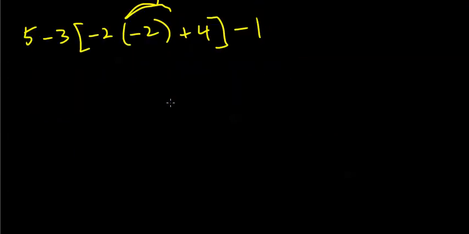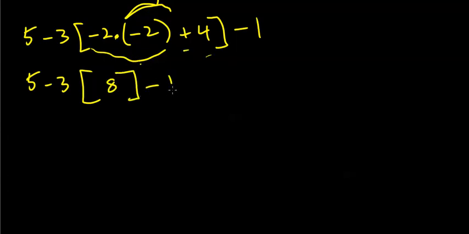All right, let's carry on now. 5 minus 3, again, don't do that operation first, it actually gets done last. Within the brackets now, I'll do minus 2 times minus 2, that's positive 4, and 4 plus 4 is going to be 8, so the square brackets in essence turn into a positive 8.